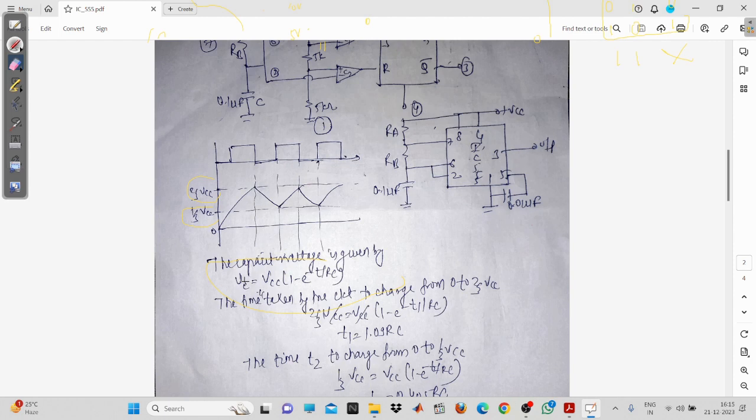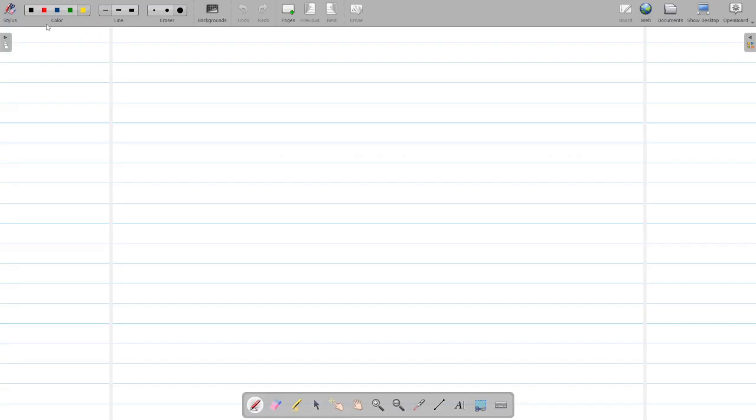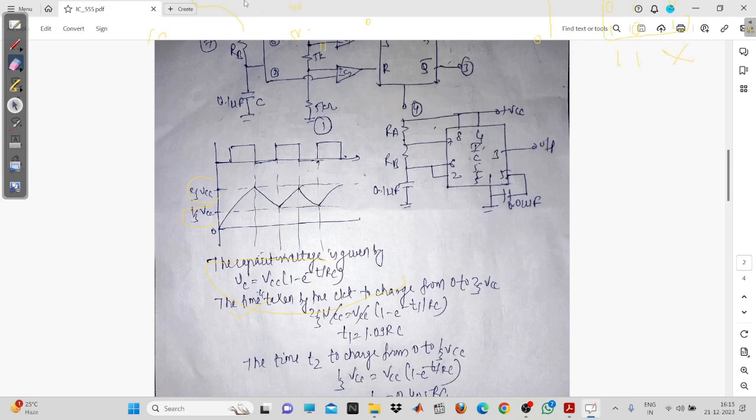But the formula should be from t equal to 0 to t equal to some value. So it means that you will have to take two times. First, the capacitor will be charging from 0 to 2 by 3 VCC, because ultimately our limits are 1 by 3 VCC, or you can say 5 volt, and 2 by 3 VCC, that is 10 volt.